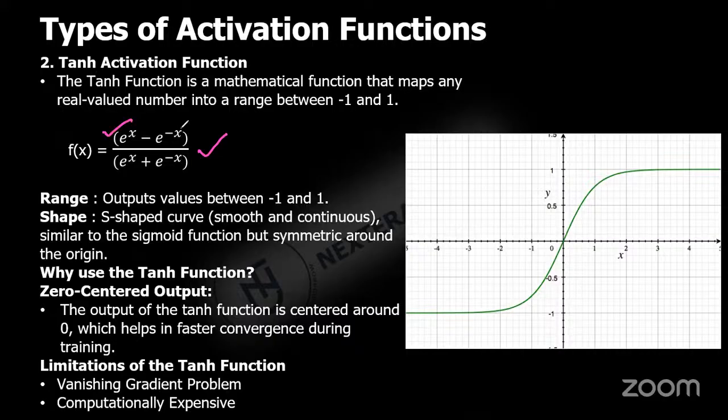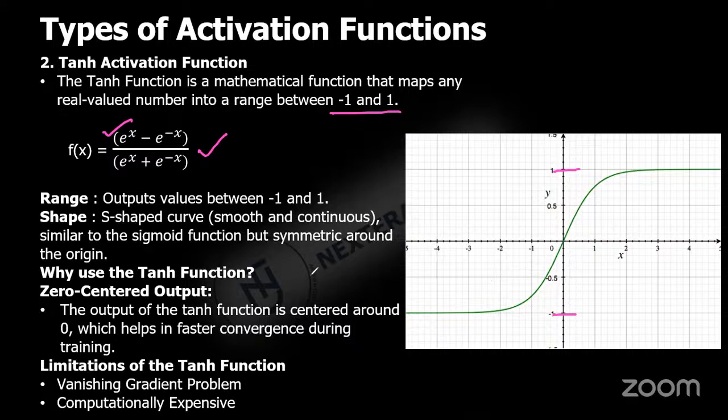And the range is between -1 and +1, so you'll have the output of the tanh function between -1 and +1.